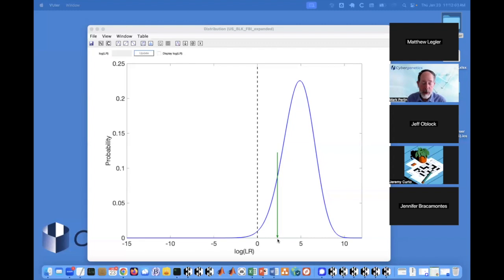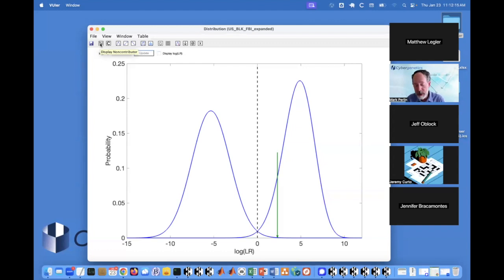But the question for an error rate is what if you misclassified? So showing, in addition to this, the non-contributor distribution, the question is, what if we have a score, this log likelihood ratio, and it actually came from the curve on the left? What's the chance that we're making a mistake? And that chance that we're making a mistake is the area under the non-contributor curve.